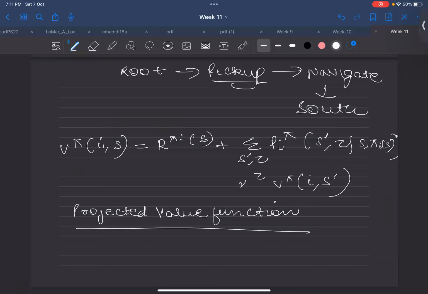What do you mean by projected value function? Can I say that I am only worried about finishing of this task I, and not about what happens after task I?